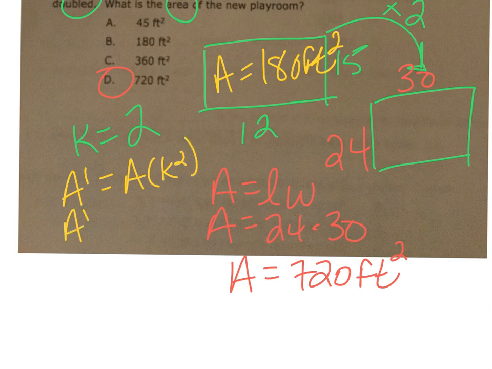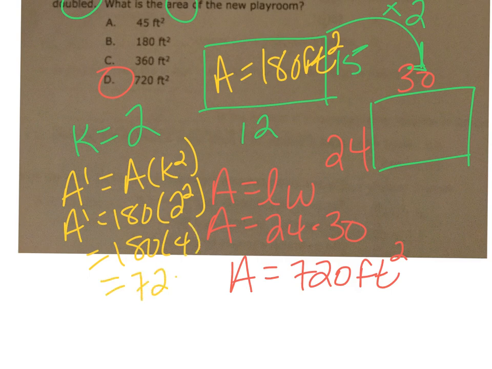So I could take the 180, multiply it by 2 squared, which is going to give me 180 times 4, which of course also gives me 720. Okay, so either way you want to think about it. Sometimes it's easier just to draw a picture, scale up your rectangle, and then refigure out your area.